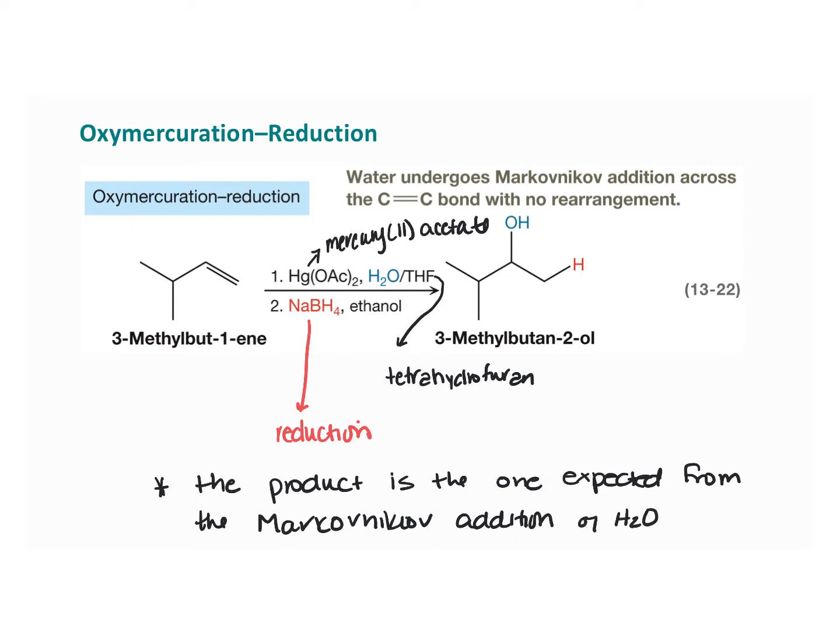Okay, and so that's what we can see there. And so what that means is that the OH group forms a bond to the carbon that can better stabilize the formal charge or the positive charge.